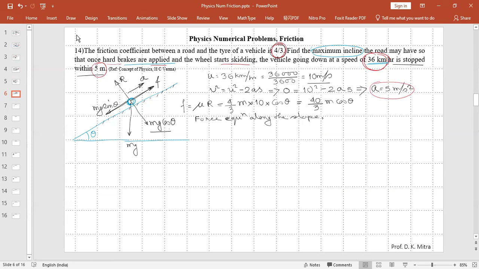Though the car is moving down, the velocity of the car is down. Now, if you try to draw the force equation, what we normally do is first write the forces towards the acceleration. The force towards the acceleration is F, which is equal to 4 by 3 mg cos theta.